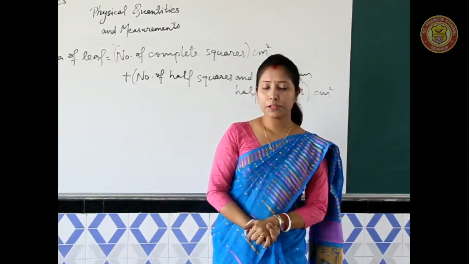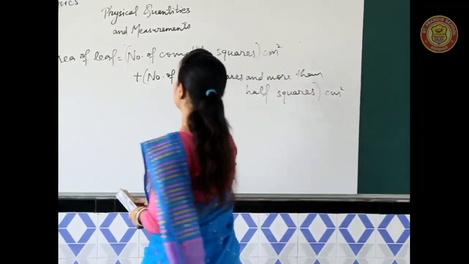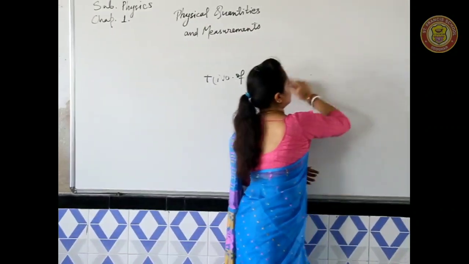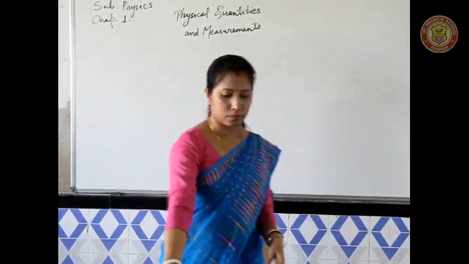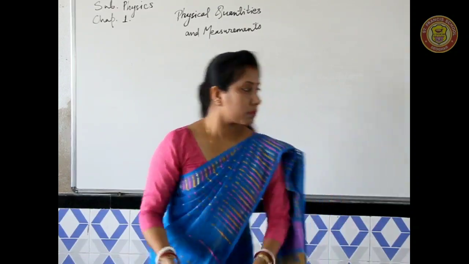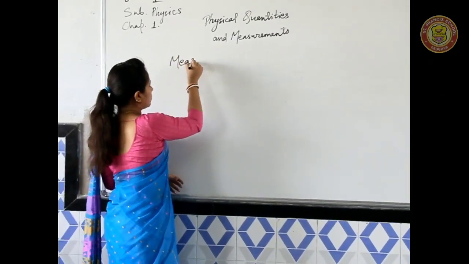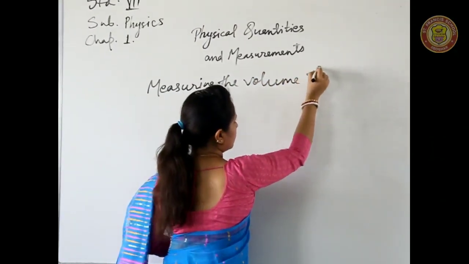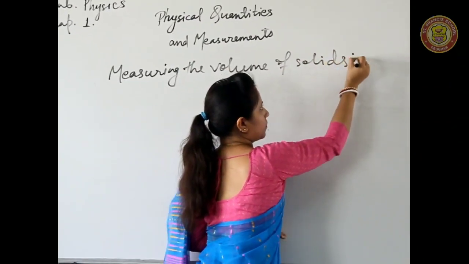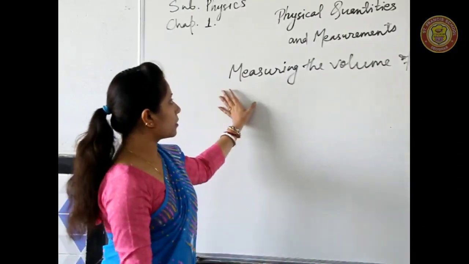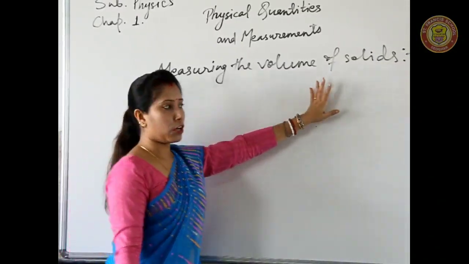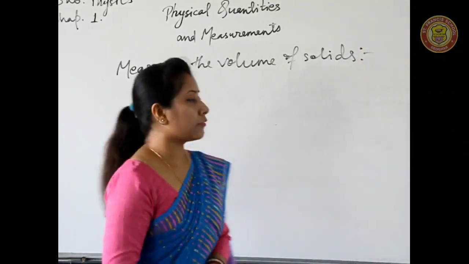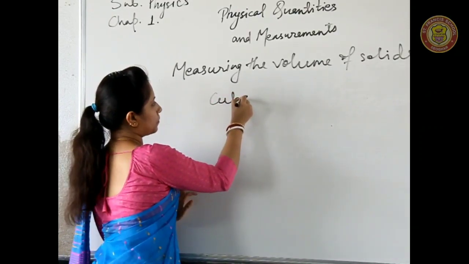So, when we are measuring the volume of solids, the first solid is cube.